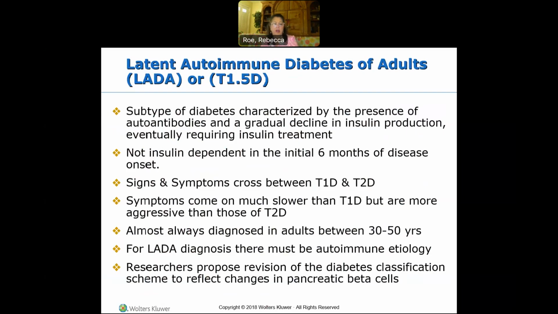The short-term complications of this syndrome are DKA, and patients really need to know what to do to prevent DKA and how to self-test for ketones if needed. And then the long-term complications, of course, would be the microvascular and macrovascular problems with diabetes overall.